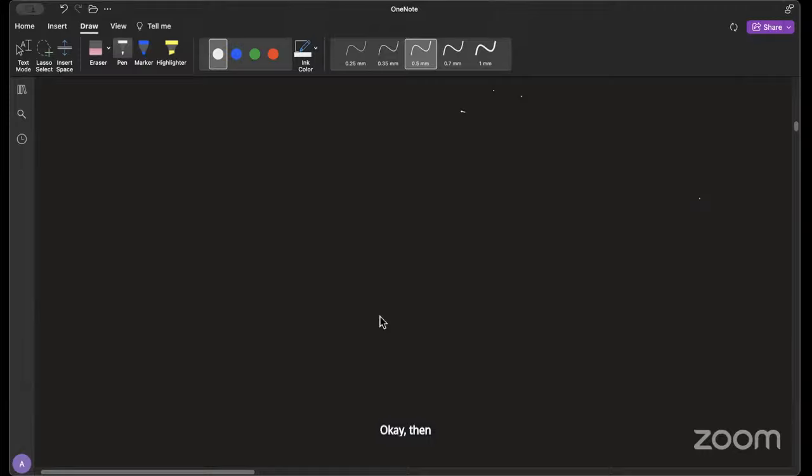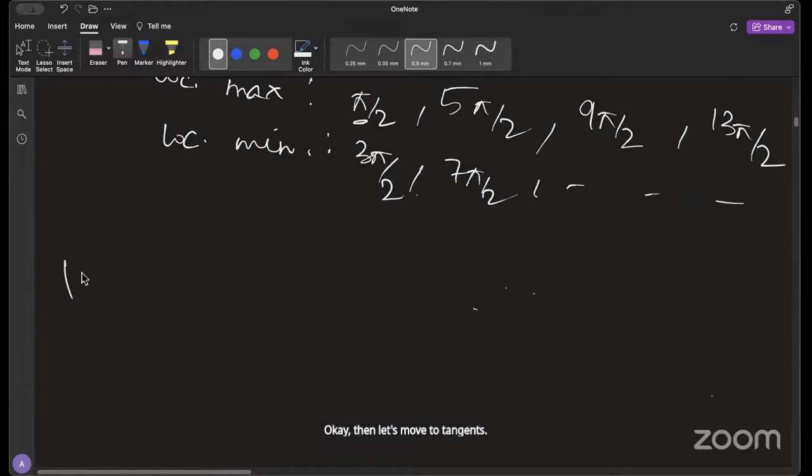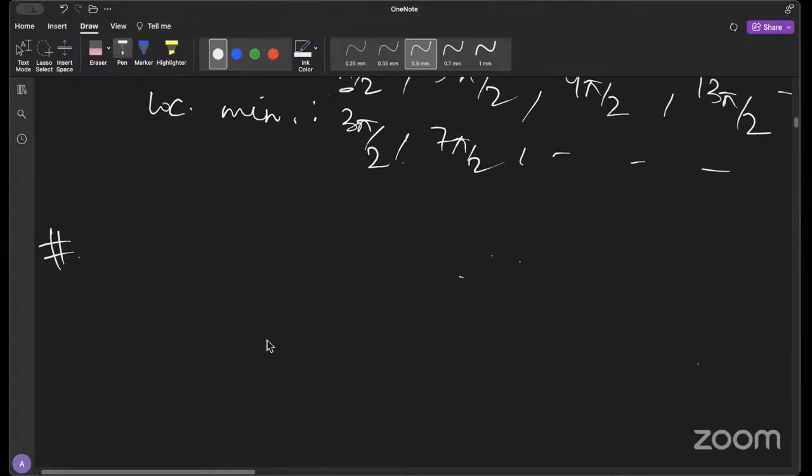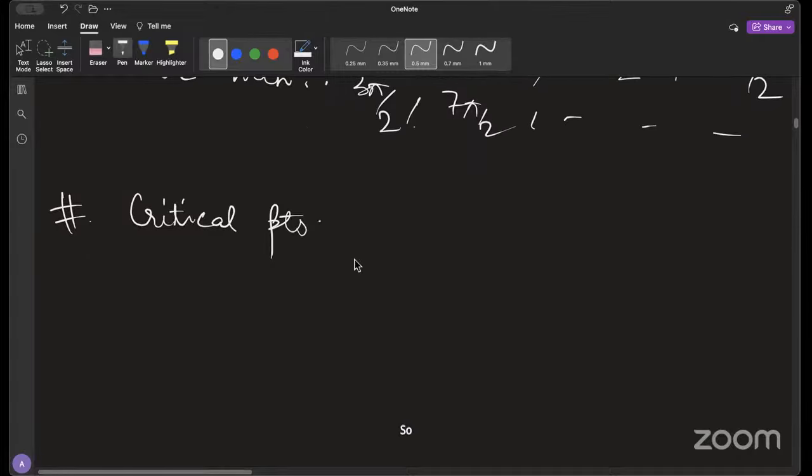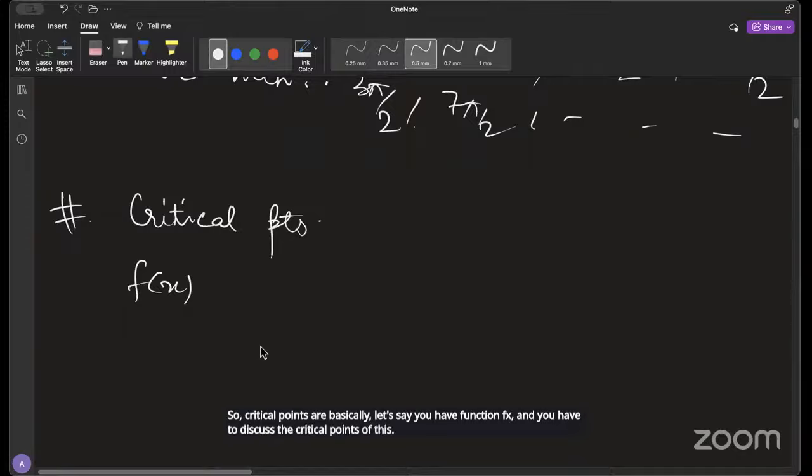Okay, then let's move to tangents. So if you have tangents at these points, let's say you have turning points, we know that your turning points are, or let's first discuss your critical points. So your critical points are basically, let's say your function f(x), and you have to discuss the critical points of this function.